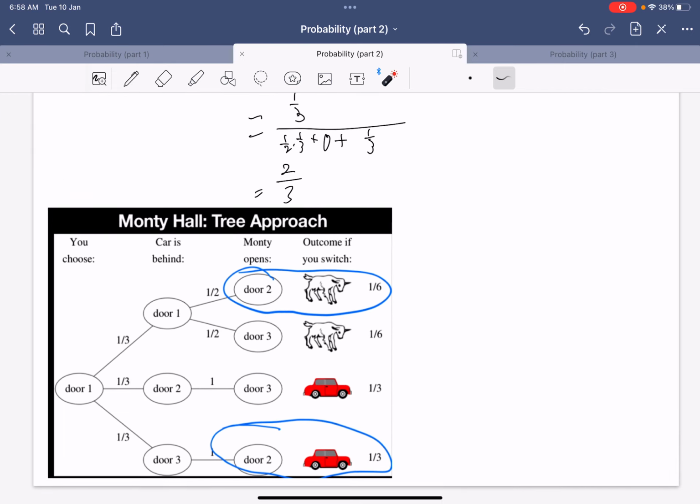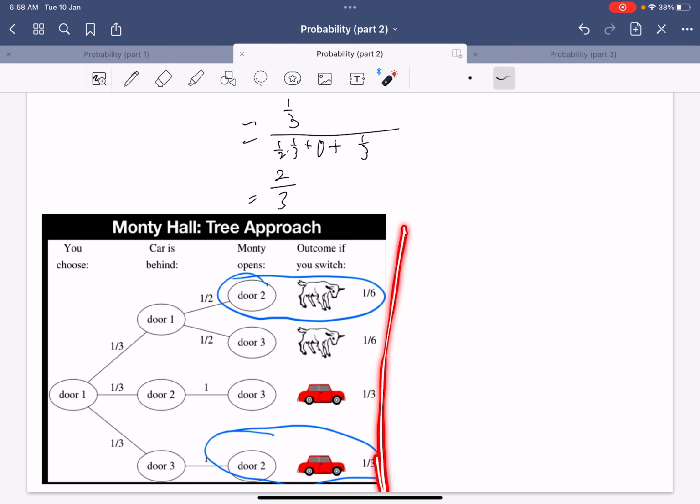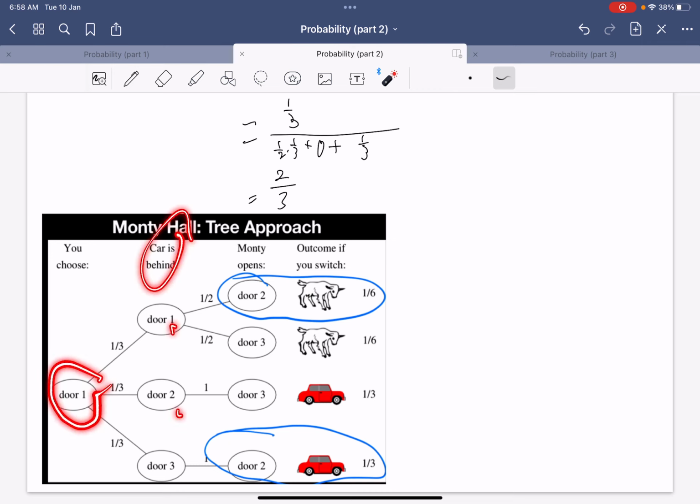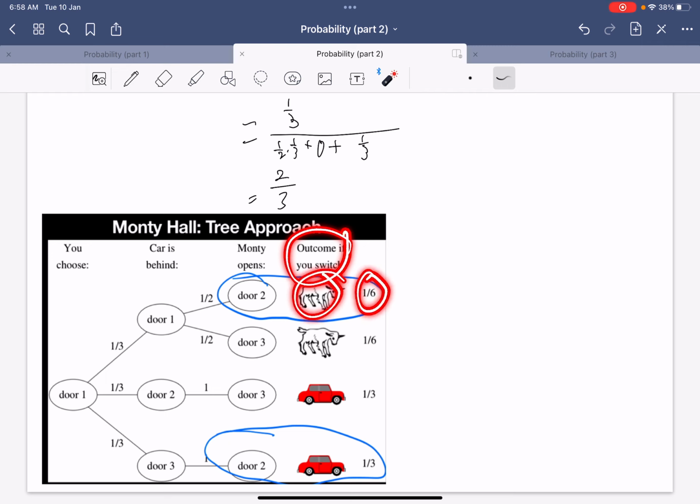And really, if you see this tree diagram, it really explains to you clearly why you should switch. Because if you have chosen door 1, and the car is behind door 1, 2, or 3 with 1/3 each, he has a chance of opening door 2 or 3 with probability a half. And so the outcome if you switch and you get a goat is 1/6.